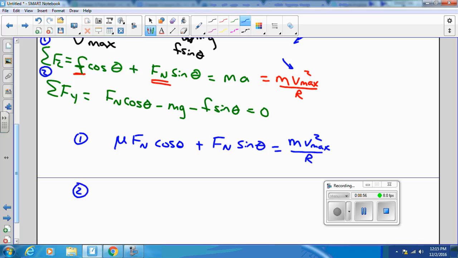And equation number 2 becomes Fn times cosine theta minus mu times Fn sine theta equals mg, and I'm going to add mg to both sides in order to line my variables up. In terms of good algebra strategy, it is a good idea to get your variables all lined up. Does that make sense?